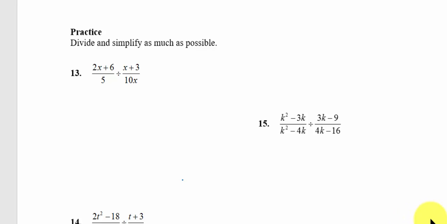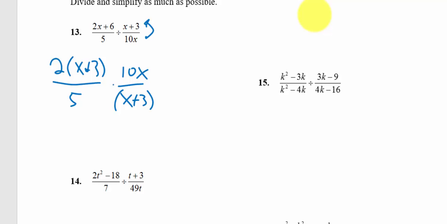If you look at number 13, right away, I can factor out a 2, and I'll have x plus 3, and the 5 stays where it is. Now, I want to take the reciprocal here. So that means put the 10x up on the top, and the x plus 3 on the bottom.